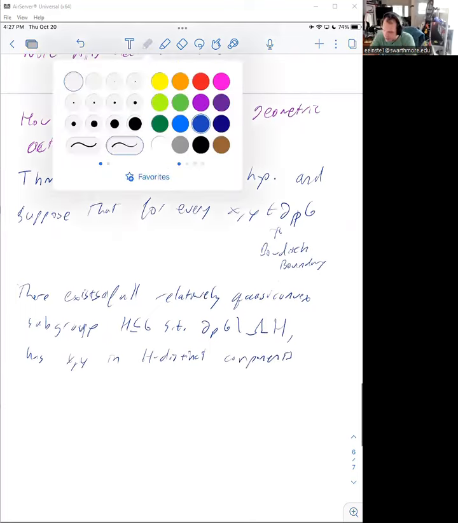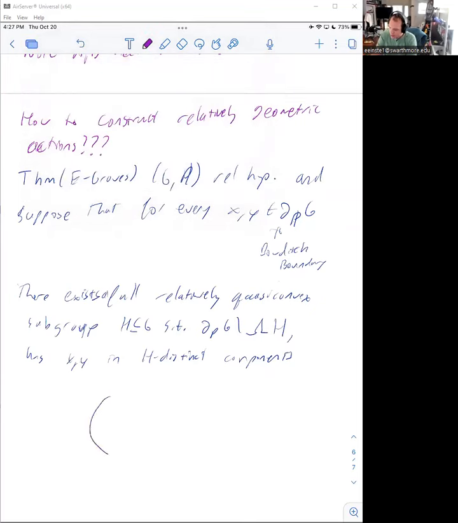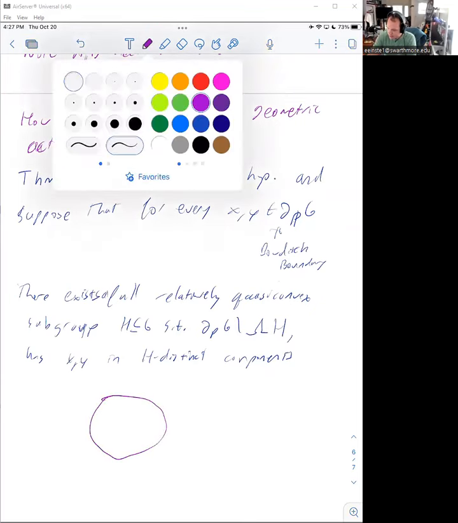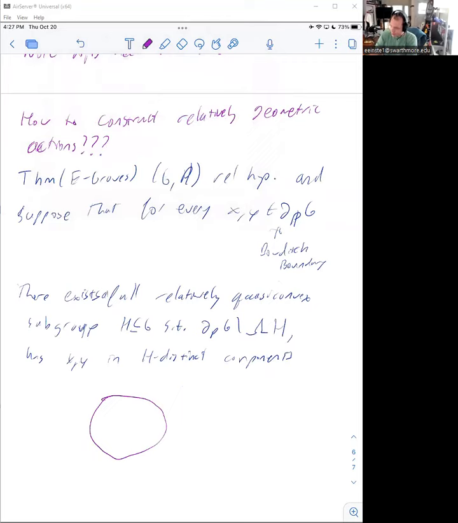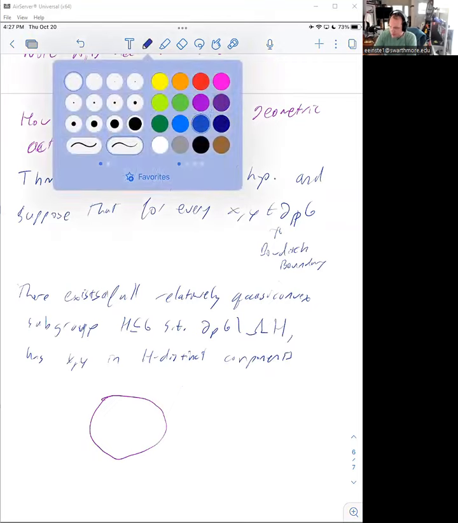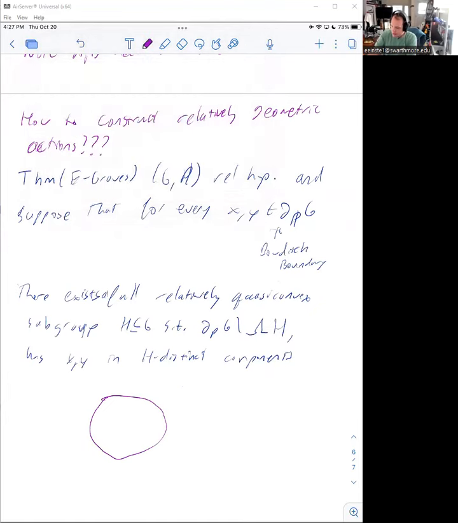Okay, so what you should think the picture is here is, imagine that here's my space, or here's my group in some sense. And what I want to be able to do is if I take two points in this mysterious Bowditch boundary, I ideally want to find some kind of full relatively quasi-convex subgroup that's also going to cut up my boundary into two pieces so that x and y are on different sides of it.